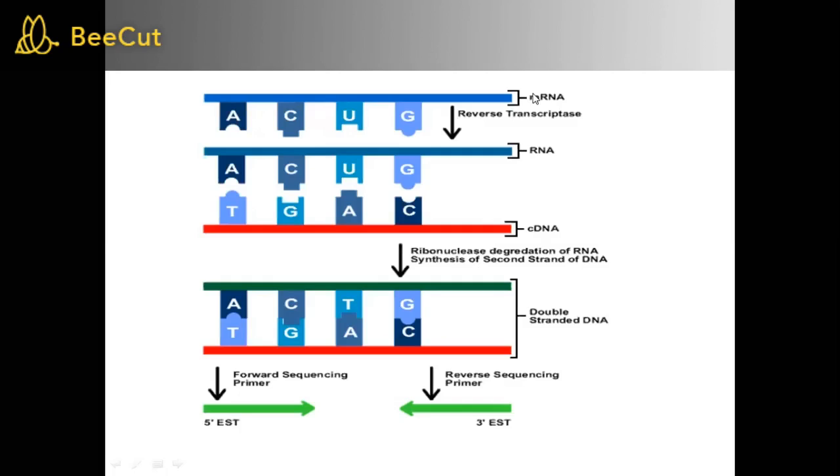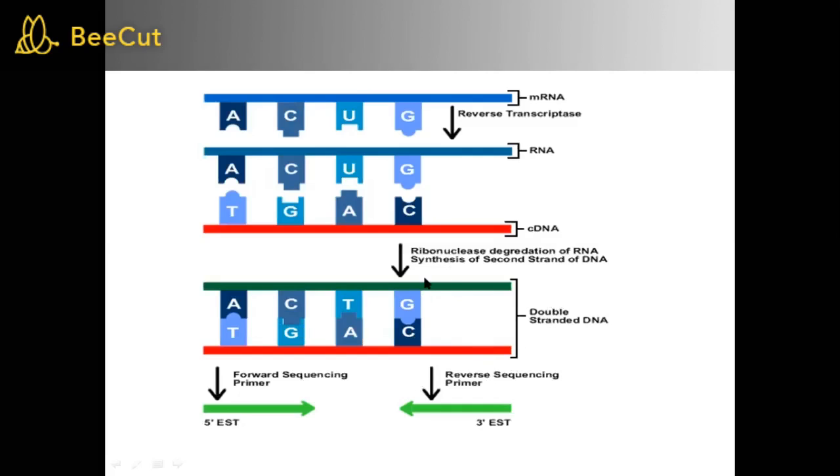After isolating the mRNA from any cells, tissues, or organs, we convert it into cDNA, which means we carry out reverse transcription. After polymerization, we get the double-stranded DNA molecule, the double-stranded cDNA.